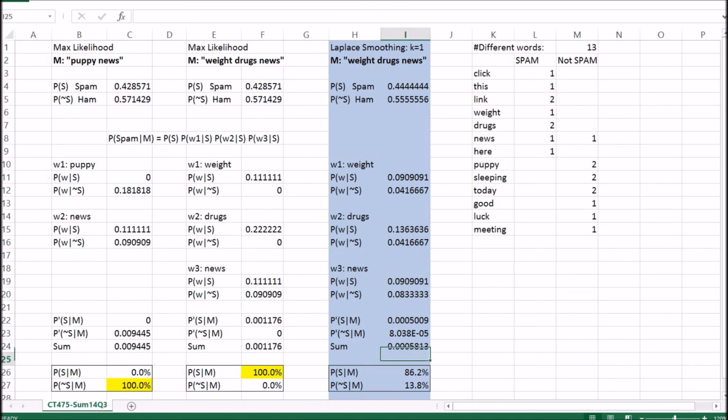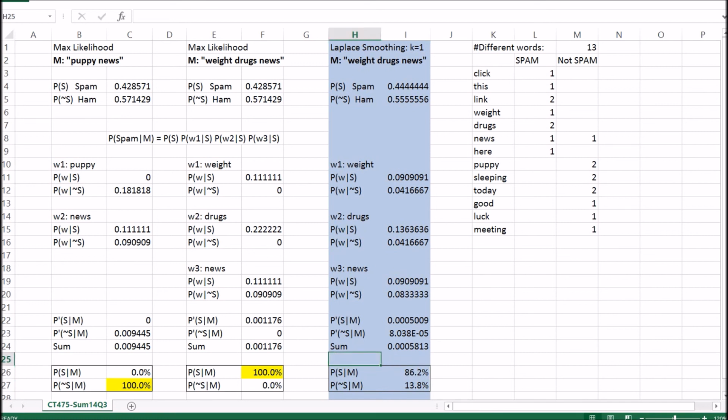We sum them up and normalize, and finally we end up with this conclusion here, which is now, using Laplace smoothing, the probability of spam given the message is no longer 100%, it's still high, it's 86%. And the probability of not spam given the message is no longer 0, it's still a low number, it's 13.8%. But fundamentally, we have avoided the zeros.